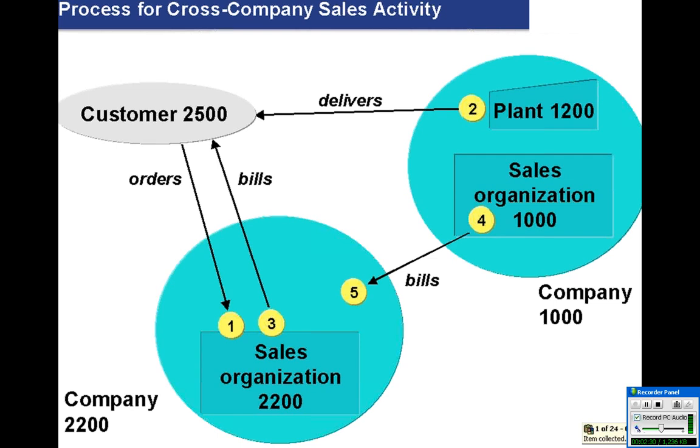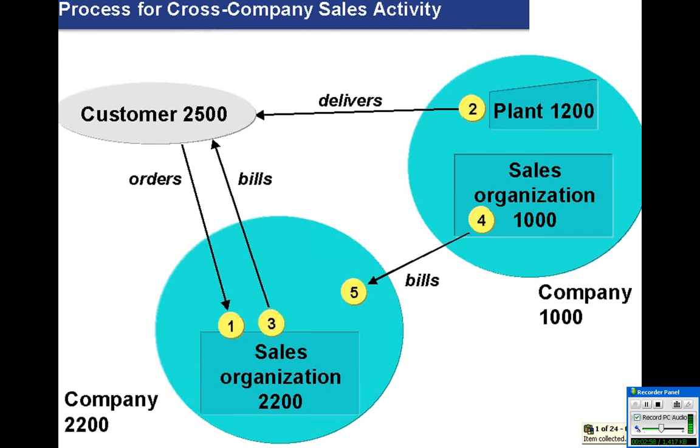So our task is to configure this kind of scenario. When we create a sales order, we enter the document type, we enter the sales area, and at item level, instead of the plant which is defaulted, we will change the plant manually to the plant which holds the stock. In this case, plant 1200, so we will change it manually in the sales order item level.